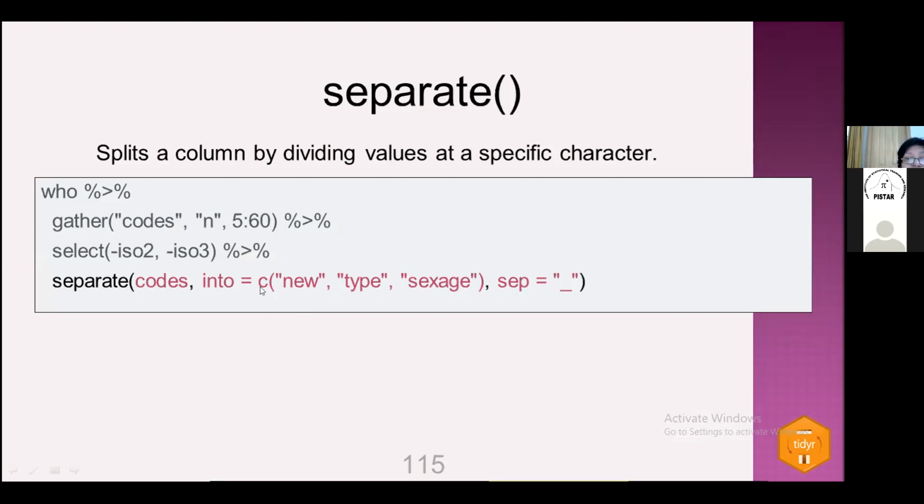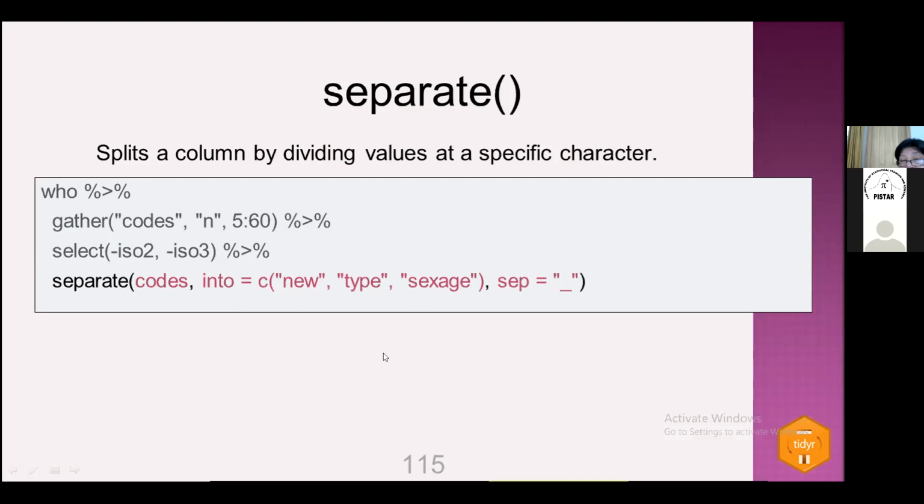And then after that, this is the vector. The vector is only this one, c parenthesis parenthesis. The outer parenthesis, the black one, is with this command separate. Separate is a function, and the arguments of this function are first this data set, codes, and then the variable that we want to separate into 3 new variables.